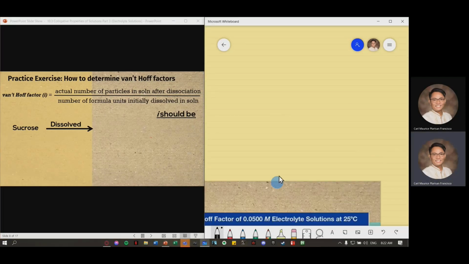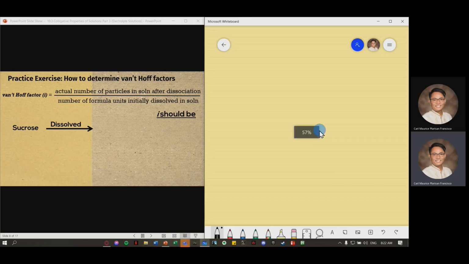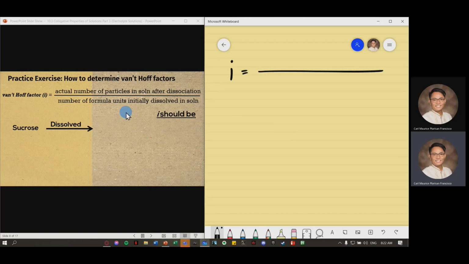Okay, so what about the Van't Hoff factor? So the Van't Hoff factor is letter i. Okay, so susundan lang po natin the equation: actual number of particles in solution all over number of formula units initially dissolved. Now we have here sucrose.